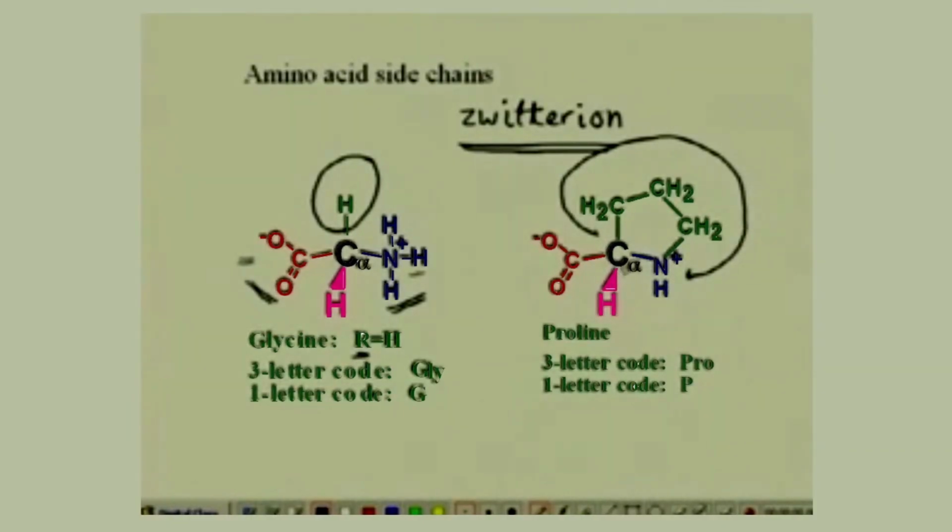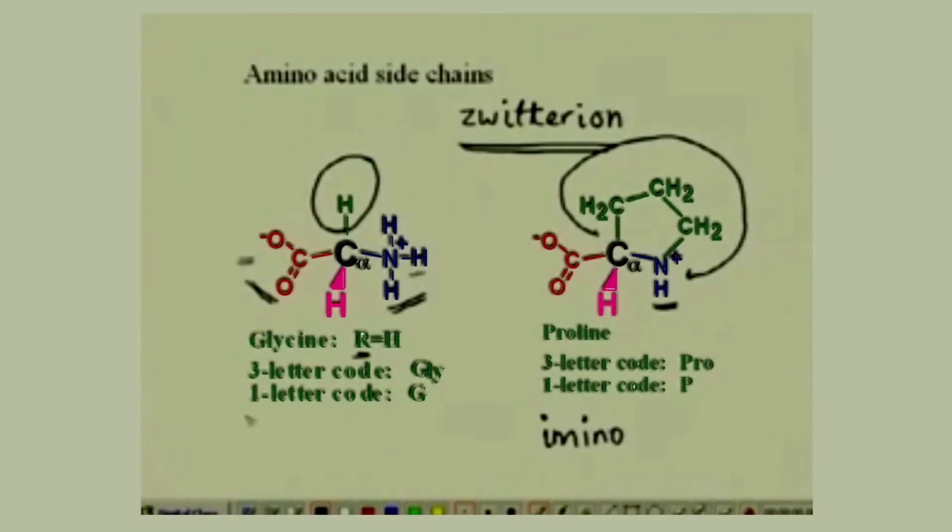So, we have a C alpha with the hydrogen with the carboxylic acid here, but instead of being an amino acid, proline is actually what we would call an imino acid. Because we do not have an amine group here, we have an imine. So, we have an amino acid where the CH2, CH2, CH2 bends on to itself to form proline.